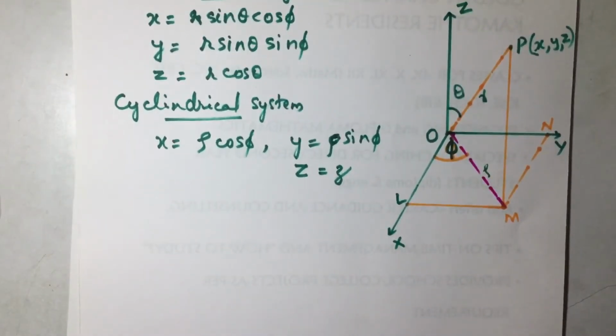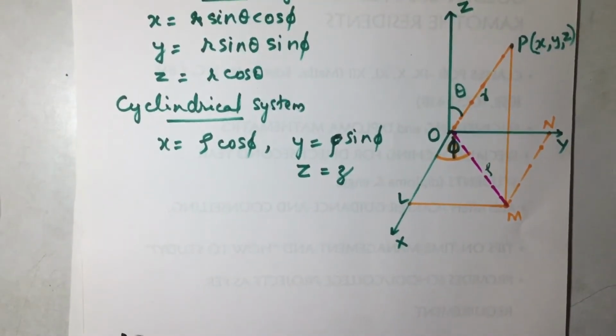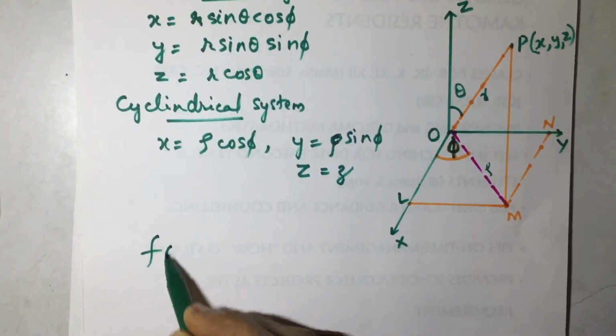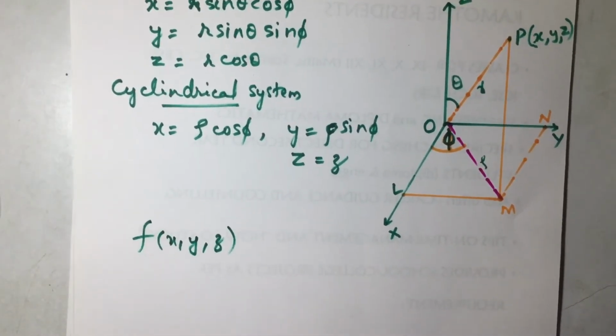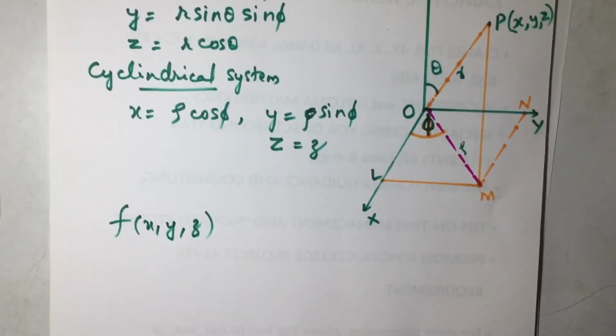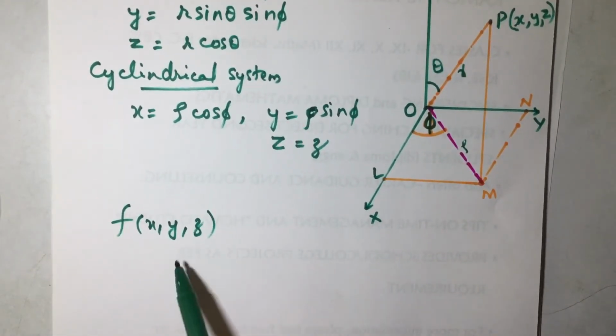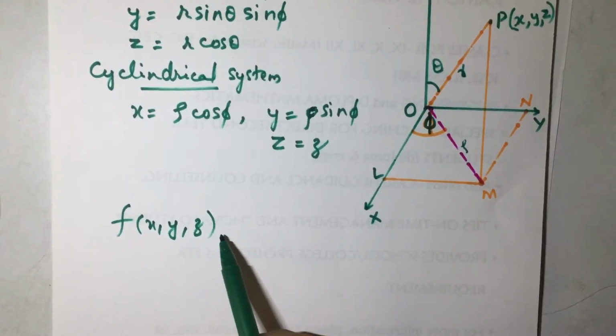Now when we want to integrate, for example, consider a function f of x, y, z defined over a finite region, say V, in three-dimensional space. Okay, so here x, y, z, three variables are there.